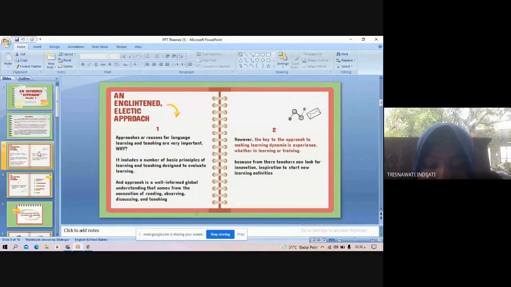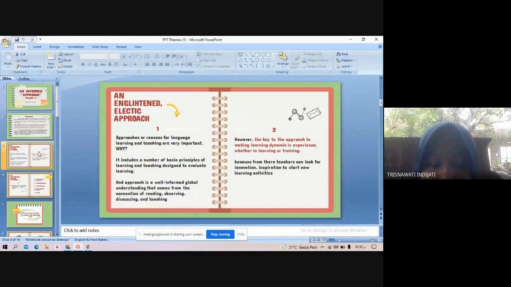An approach is a well-informed global understanding that comes from the connection of reading, observing, discussing, and teaching. So the approach is a global understanding that comes from the relationship between reading, observing, studying, and teaching. However, the key to making learning dynamic is experience, whether in learning or training, because from there, teachers can look for innovation and inspiration to start new learning activities.